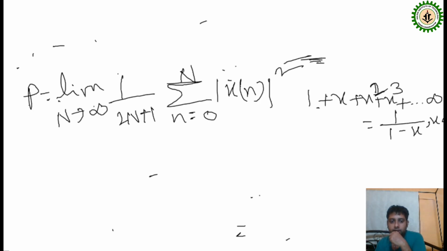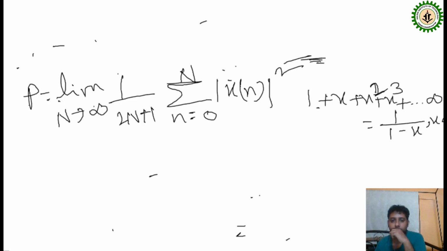So here again the limit was from minus N to plus N. It has been changed to 0 to N, because from minus N to minus 1 the value of the unit step function is 0, because the unit step function is only defined on the right hand side of the xy plane. So that's why for the negative values of n, the unit step function value will be 0.